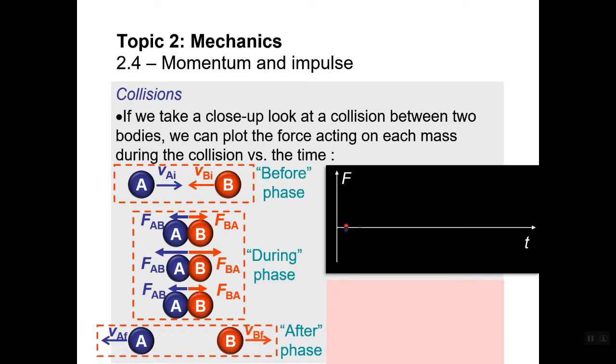Before collision, the net force between these two is 0. During the collision, the net force increases to a maximum value and then decreases, and then becomes 0 after collision. So we can see a perfect symmetry of the action and reaction force pairs.